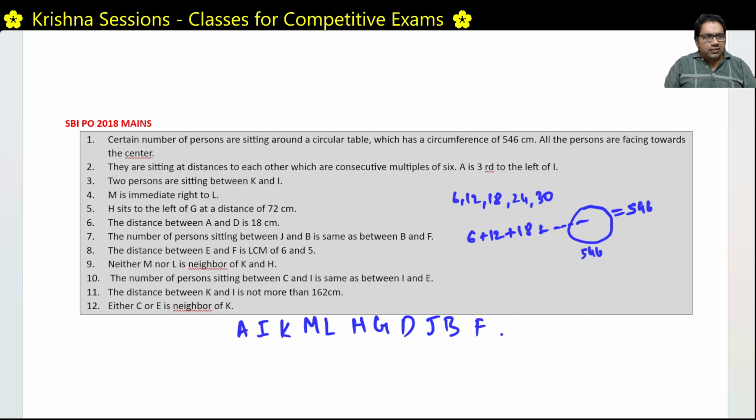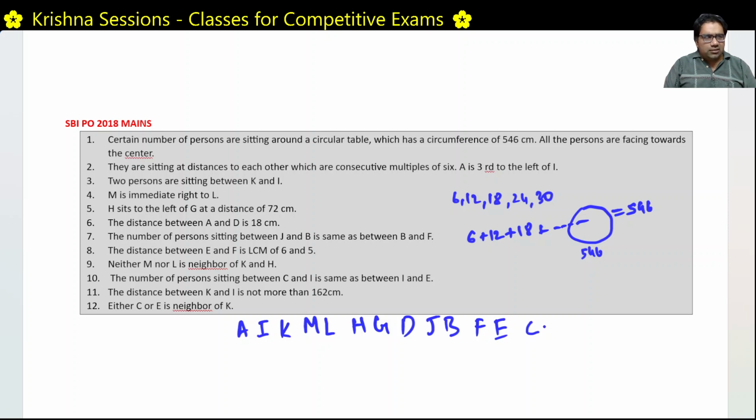Condition number 8, E and F. F we have taken, E we will take. Condition number 9, M, L, we have already taken. K and H, we have already taken. Condition number 10, C and I, we have already taken, and E we have already taken.